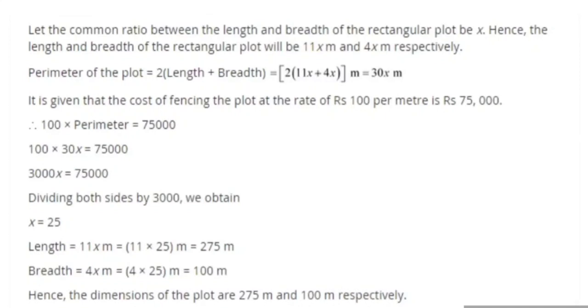So x will come 25. Means length is 11 into 25, it is 275, and breadth is 4 into 25, means 100. So the dimensions of the plot are 275 meters and 100 meters.